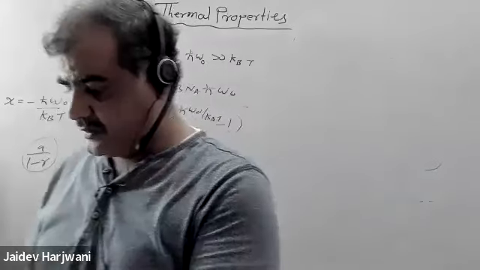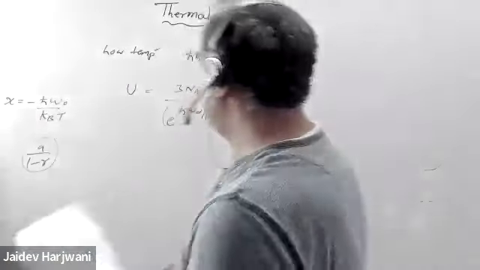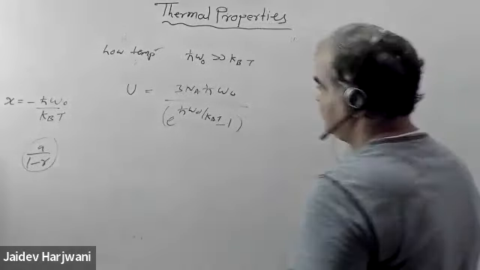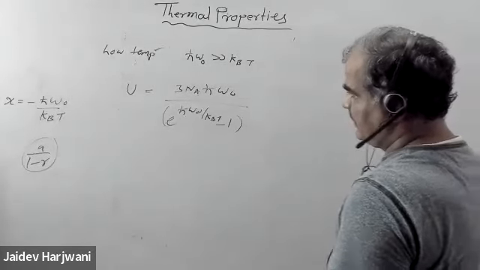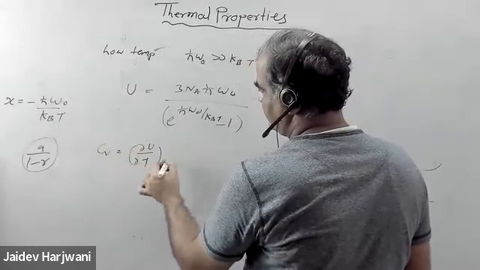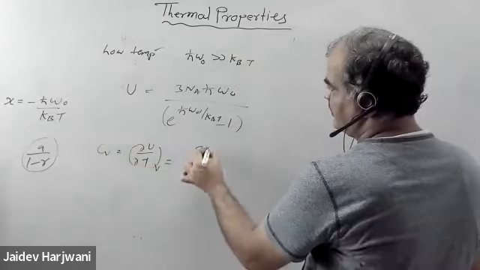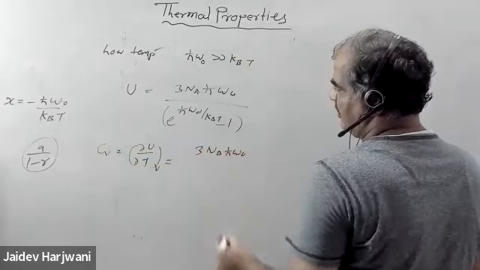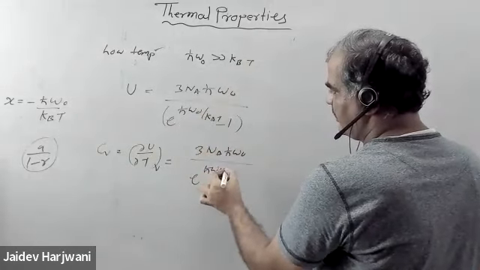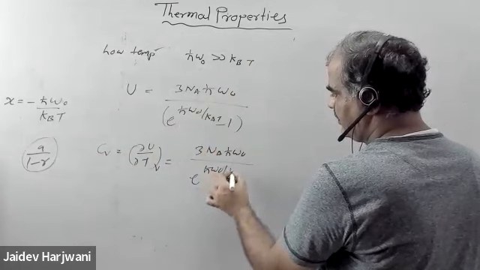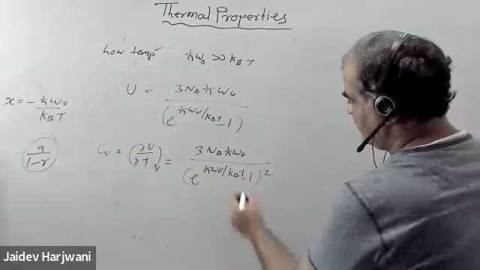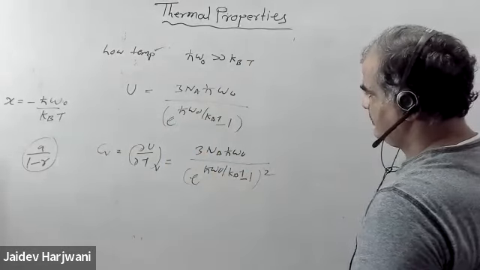Yes. Now I want the specific heat, so I just differentiate this, Cv = ∂U/∂T at constant volume. This will give you 3N_A ħω₀, and if you differentiate 1/x you get e^(ħω₀/k_BT) divided by (e^(ħω₀/k_BT) minus 1) whole square.